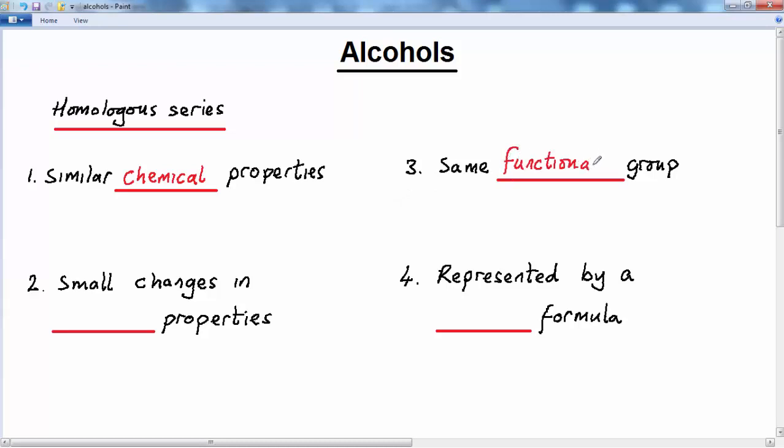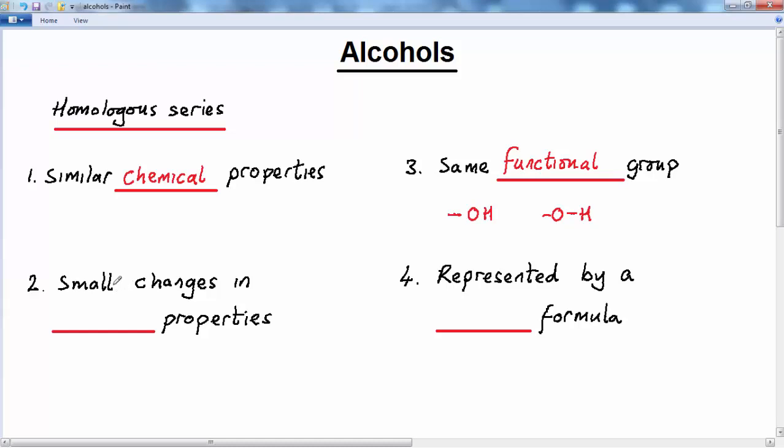Now, the functional group in the alcohol family is the OH group, which could be written like this or like this. And so we'll look at this in a minute when we look at the various members of the homologous series. The second important thing in a homologous series is that the members have similar physical properties.